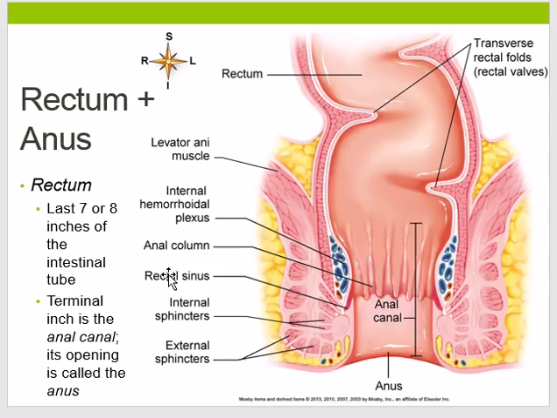The internal sphincters are not under voluntary control. The external sphincter is under voluntary control, and it's the external sphincter that allows us to control defecation. In some conditions where there's loss of this voluntary control of the external sphincter, it could be some sort of medical emergency.